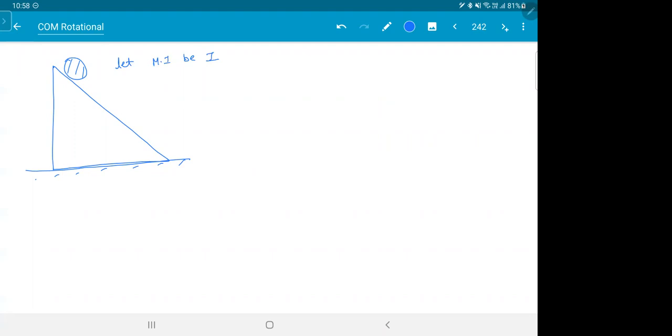Let's see what happens. Now, if you look at the force equations, friction, N, mg sine theta, mg cos theta. So we are taking torque about the bottommost point.